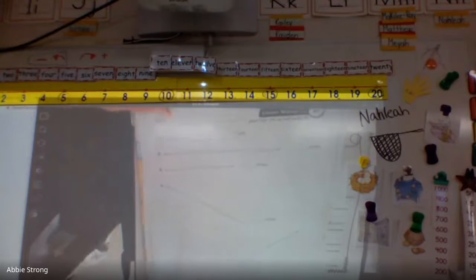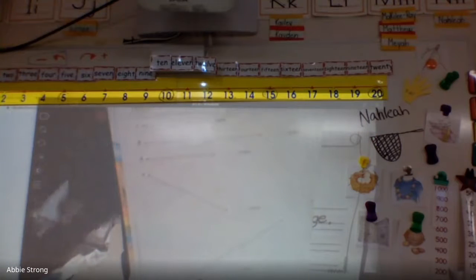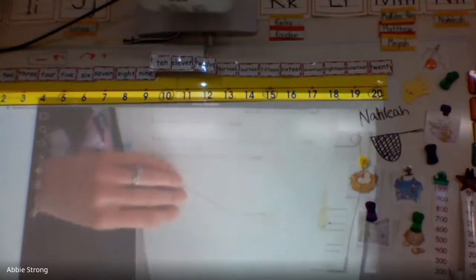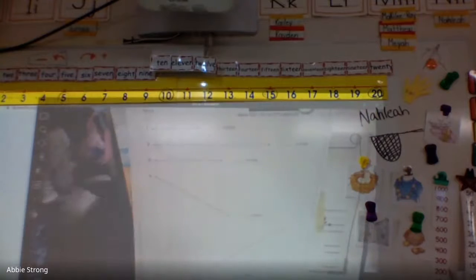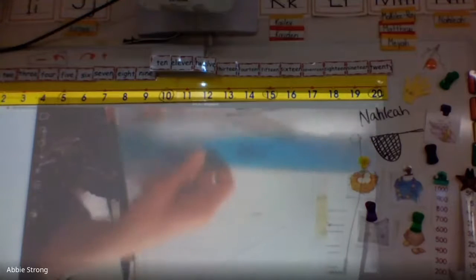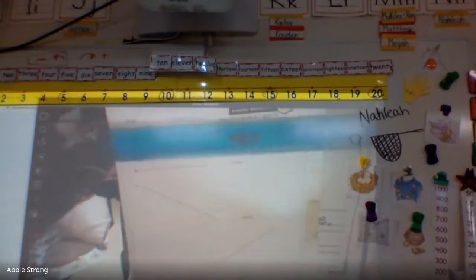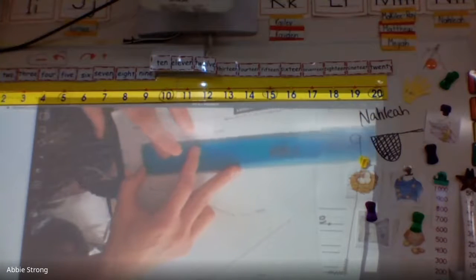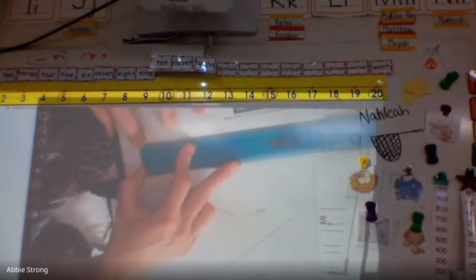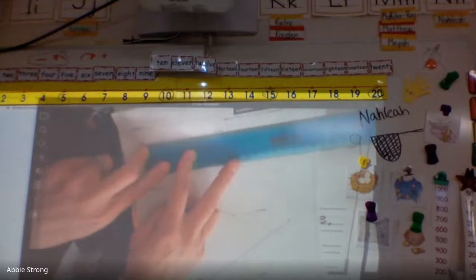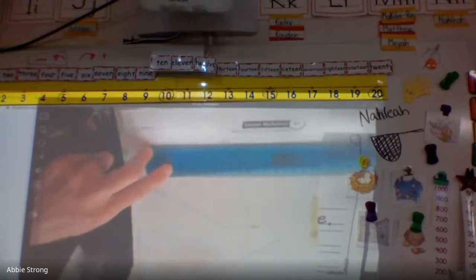We have to start at the 0 side, alright? So I am going to use the 0 side as my starting point. I want you to take your ruler and match your ruler up with me. I want yours to look the same way as mine. It's going to have the 0 right underneath the end point at the beginning of that line, okay?